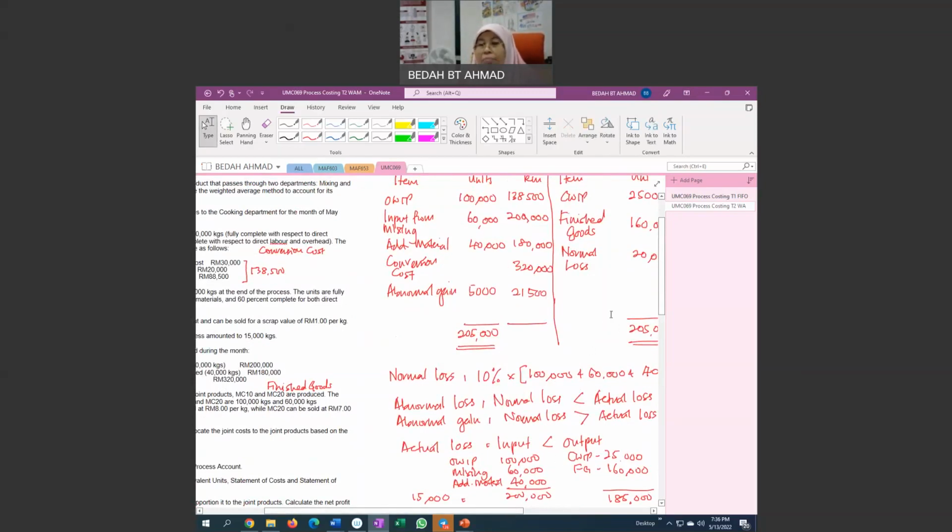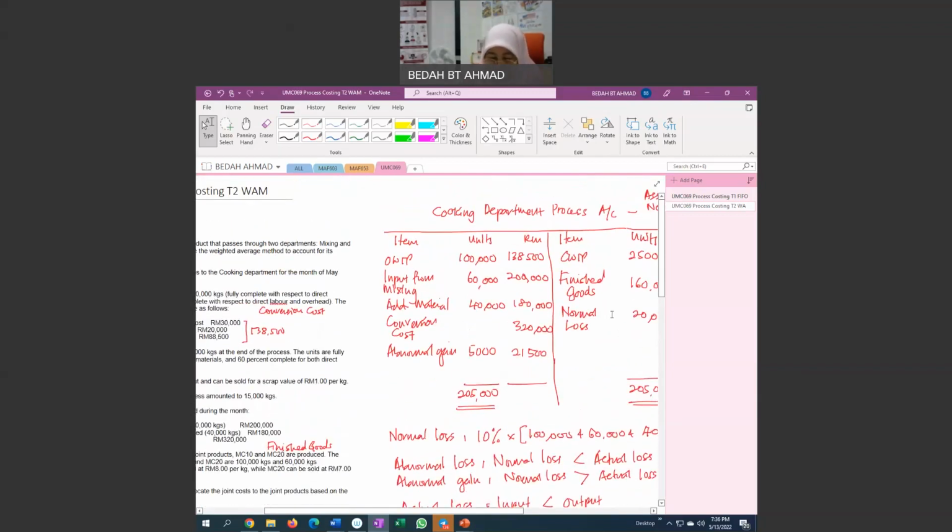Then you can balance the account. 138,500 plus 200,000 plus 180,000 plus 320,000 plus the 21,500.